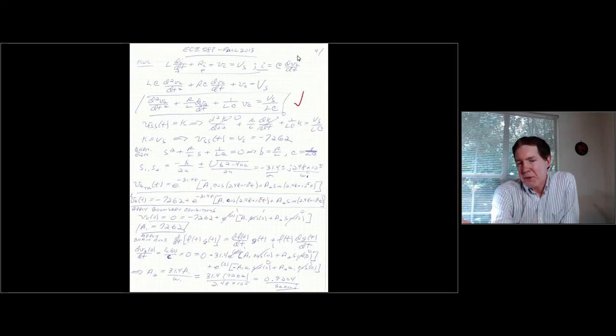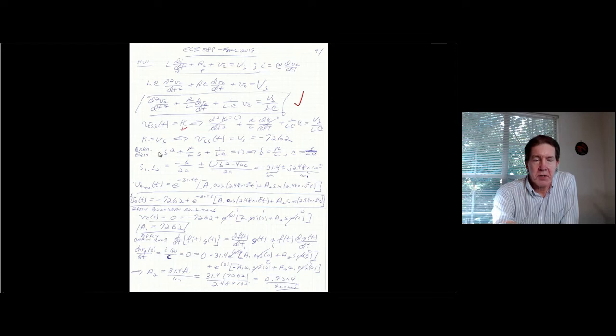And if you didn't believe me before that the steady state capacitor voltage tended to the source voltage, if we just assumed it was going to be a constant value, which we would have in a DC circuit, I could just substitute that constant value into my differential equation, and we would see that indeed this steady state value is simply going to be the source voltage, which in this case is minus 7,262.